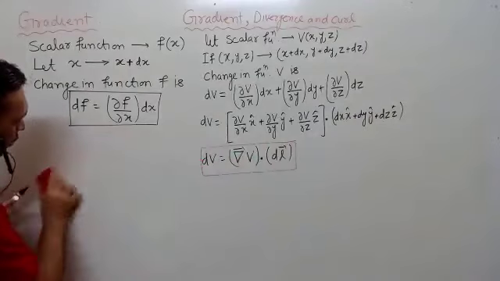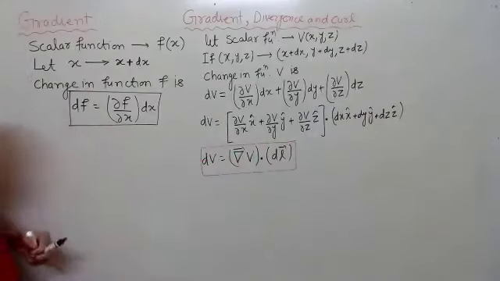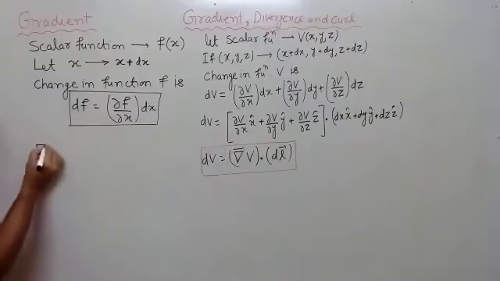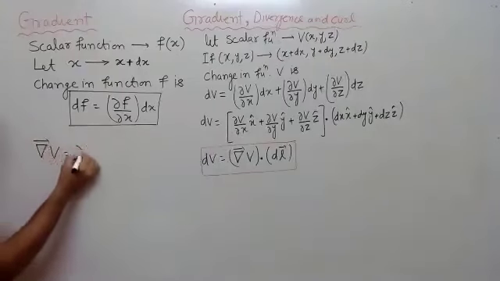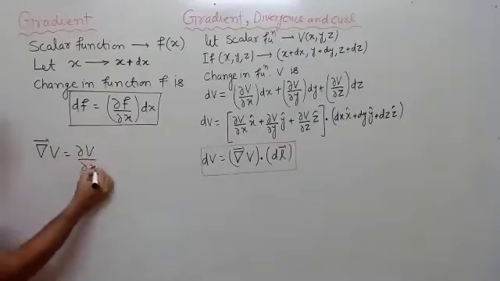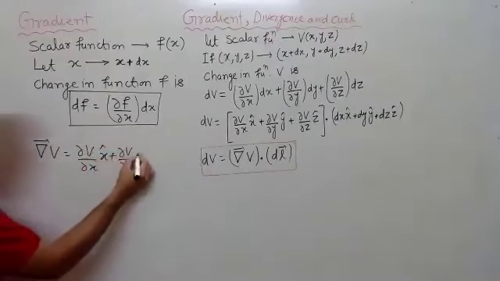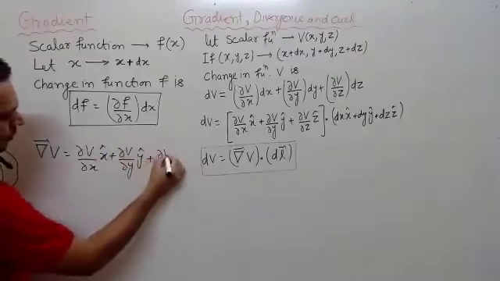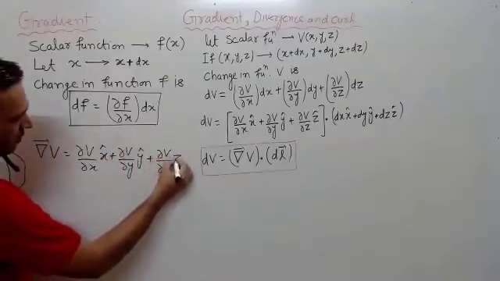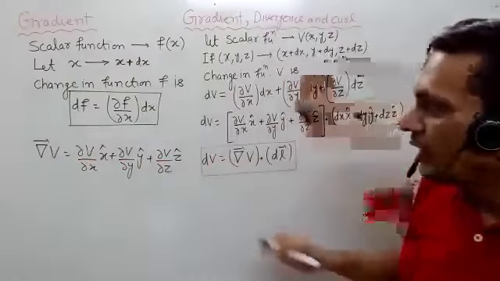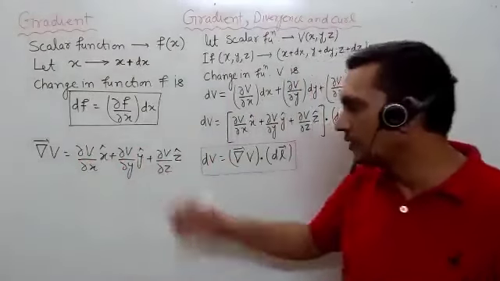So how to find the gradient in Cartesian coordinates? The gradient of v is del v by del x x cap, del v by del y y cap, and del v by del z z cap. So gradient v is a vector quantity. It has magnitude and direction.